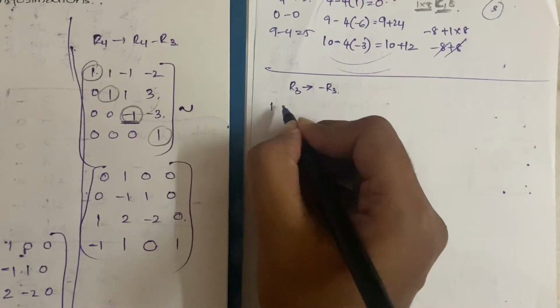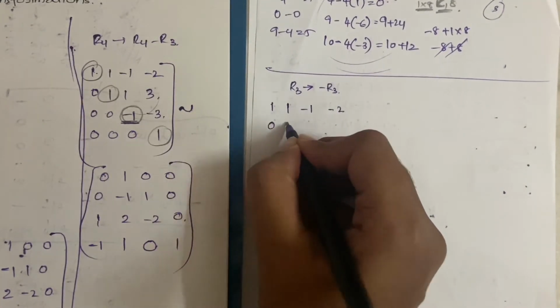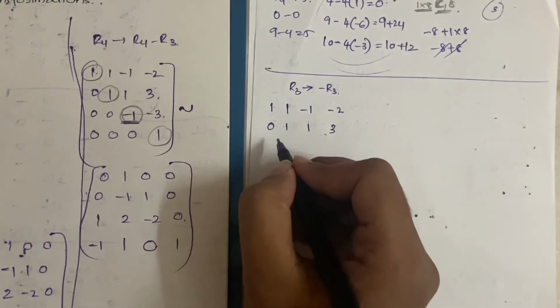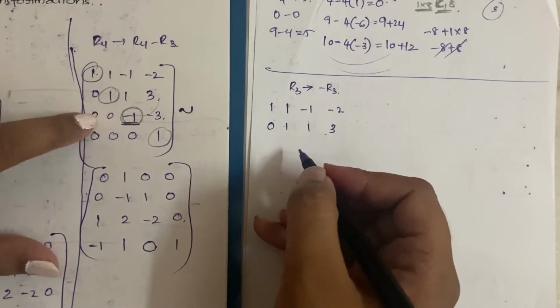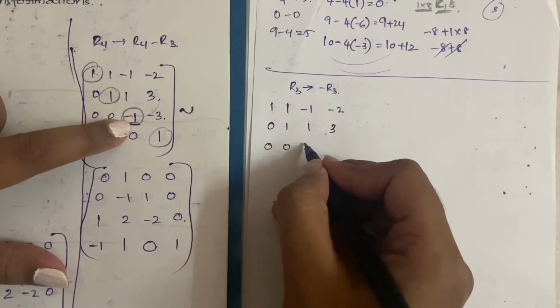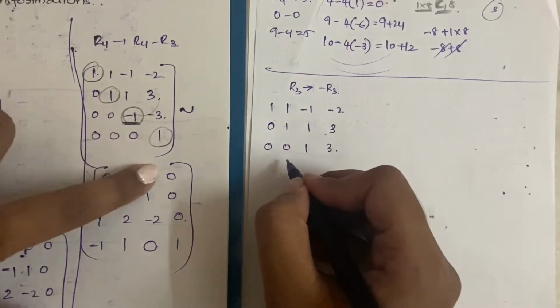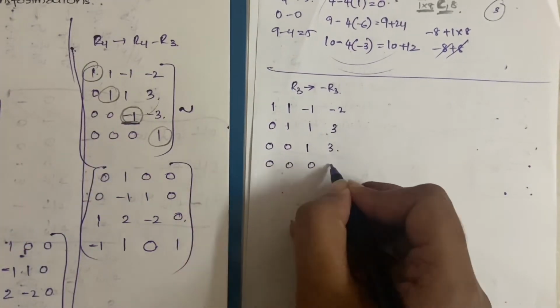Write them first. 1 1 minus 1 minus 2, 0 1 1 3. R3 will become minus R3, right? So 0 0 as it is, minus zeros will not be there. So minus of minus 1 is 1 and minus of minus 3 is 3. R4 also as it is, 1.